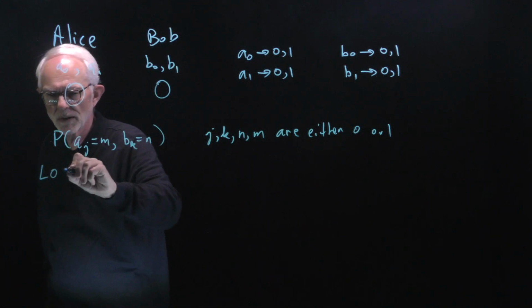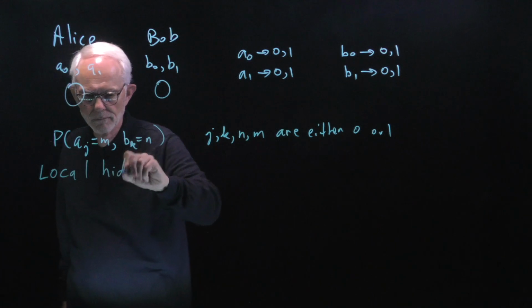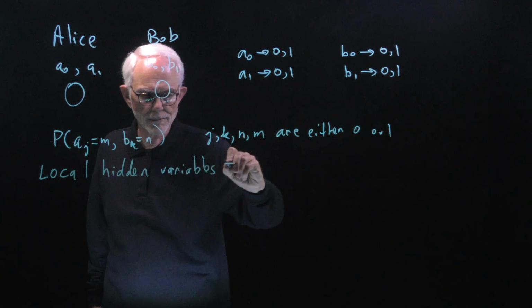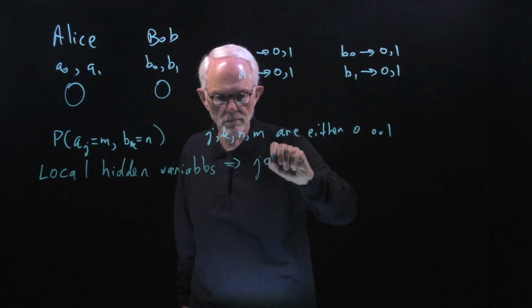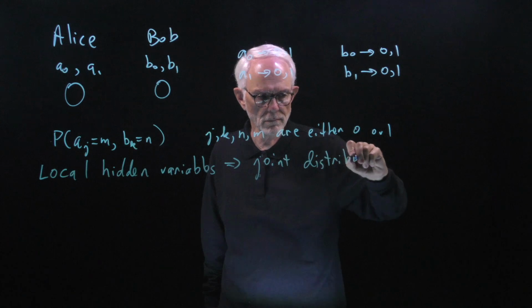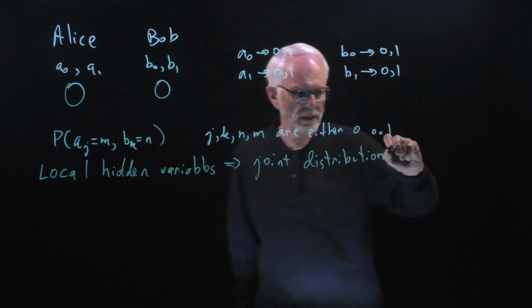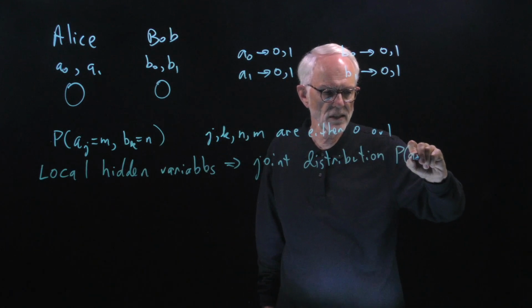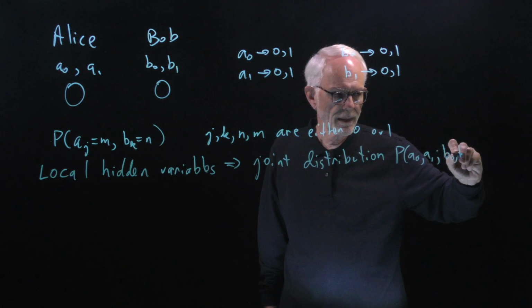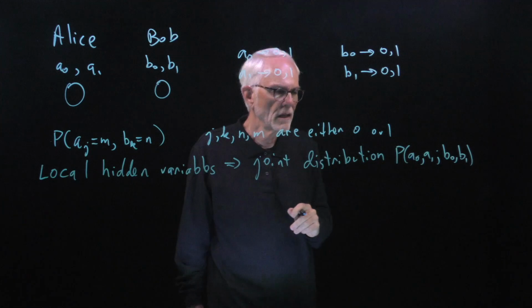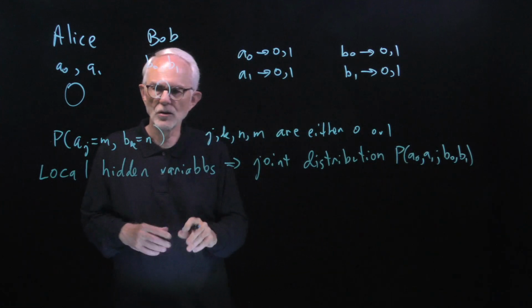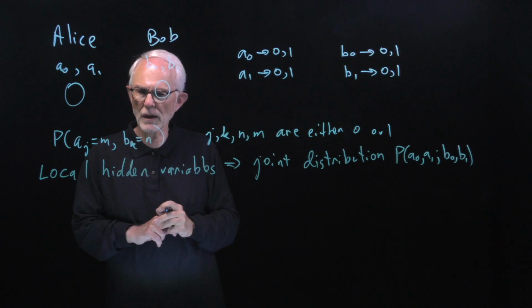So local hidden variables implies a joint distribution, and I can just write it down as A0, A1, B0, and B1. So that's what we're going to use. We're going to use this assumption to get restrictions on these probabilities.